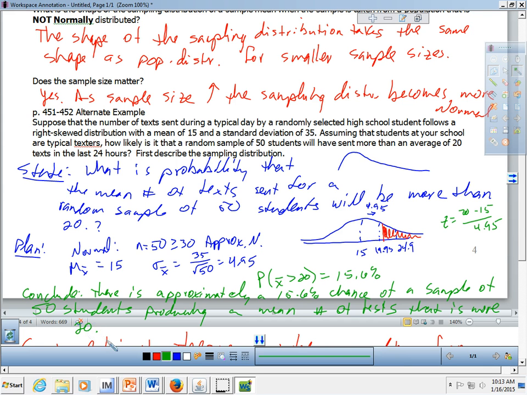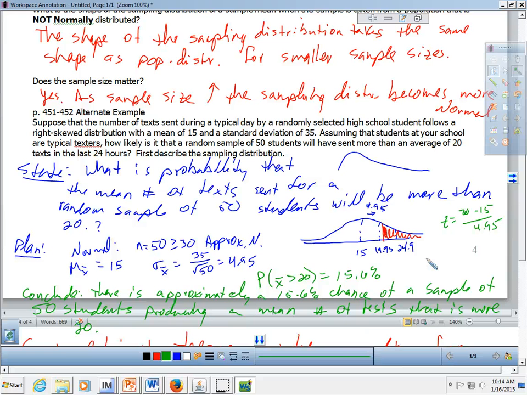Okay, so the population suggests that the mean number of texts is 15. And since we're talking about a sample producing a mean bigger than 20, does that suggest that the students at our school text more than the entire population does? Does it provide evidence that if we get a sample and the mean is 20 or more, that sample does not come from the population described above, right? Well, there's about a 15.6% chance that from the population above, we would get a sample of 50 students whose mean number of texts was more than 20.